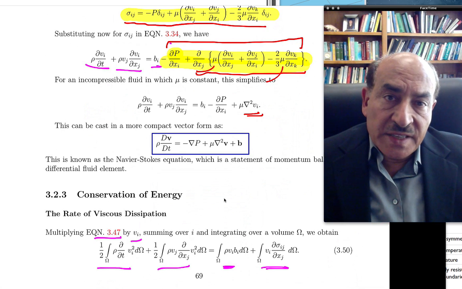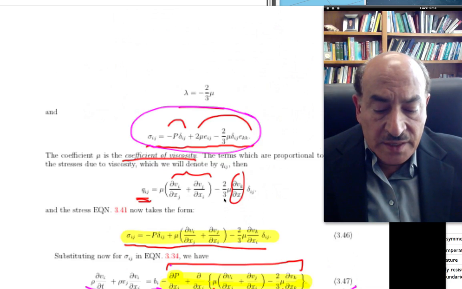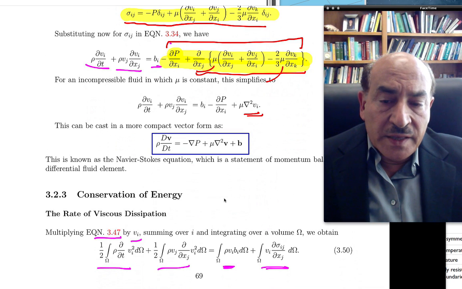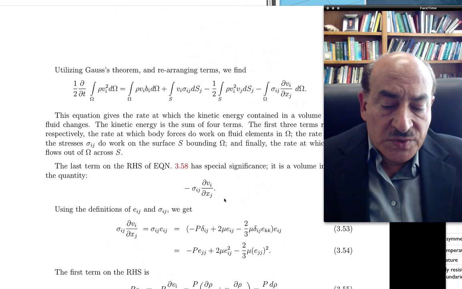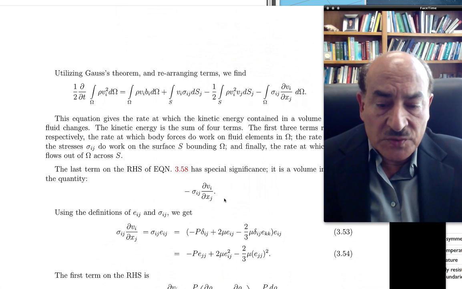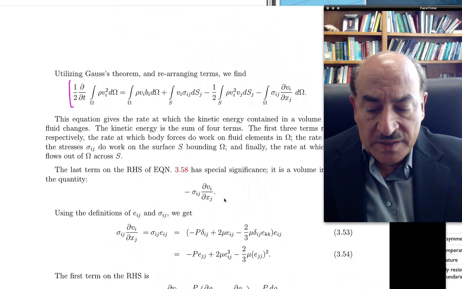That represents the mechanical work in the system, and it has terms that are all integrated over the volume. Then we can use Gauss's theorem and rearrange the terms in the previous equation to obtain the equation you see here, 351, the top equation. That is obtained by using Gauss's theorem.